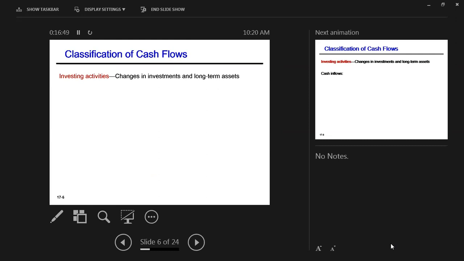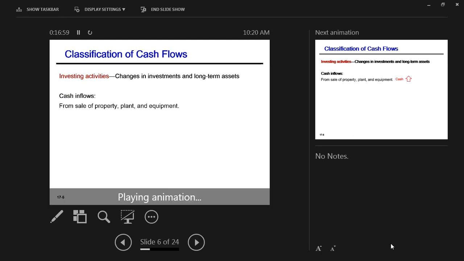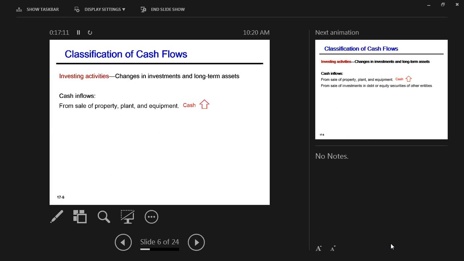And as we are talking about cash flow, this increase and decrease should be connected with cash. So for cash inflows, I told you that when you sell property, plant, and equipment, because it is your long-term asset, if you receive cash, it is a cash inflow.